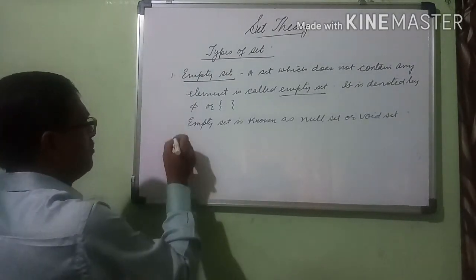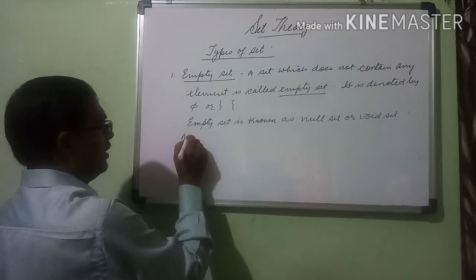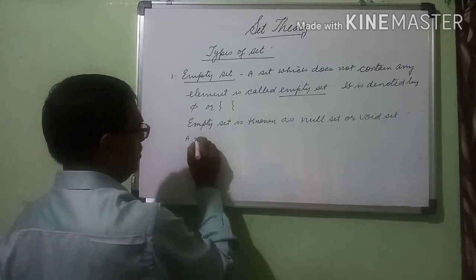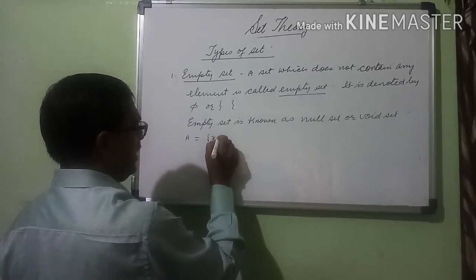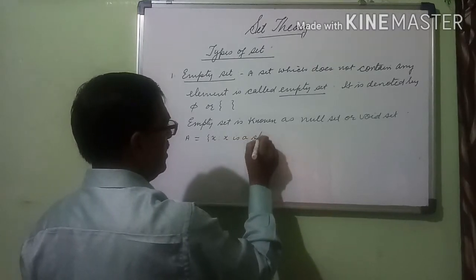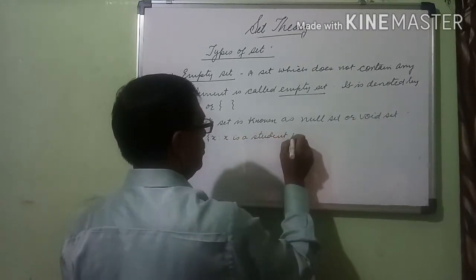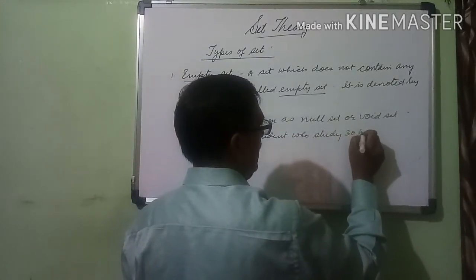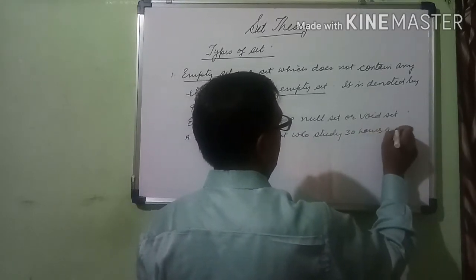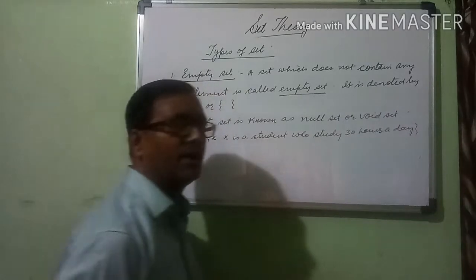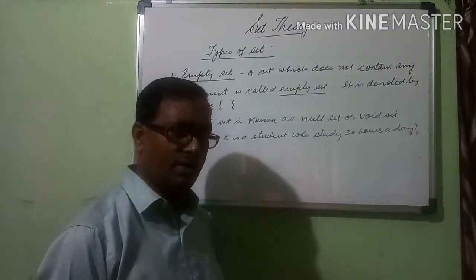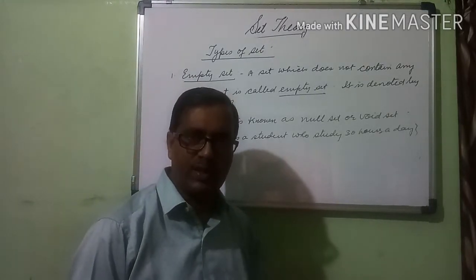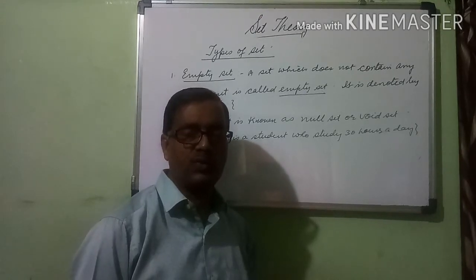Now, let us take one example here. A is equal to {x such that x is a student who studies 30 hours a day}. How many hours are there in a day? 24 hours. So it is not possible for a student or any person to study 30 hours a day.